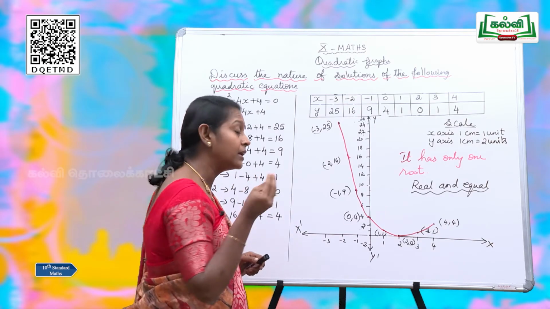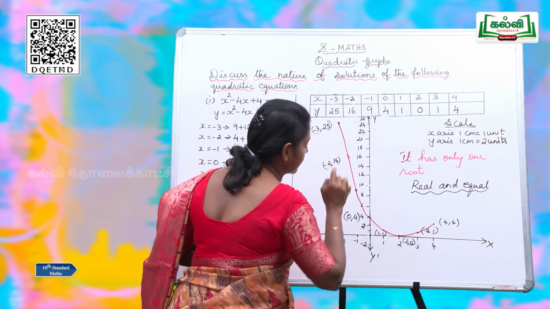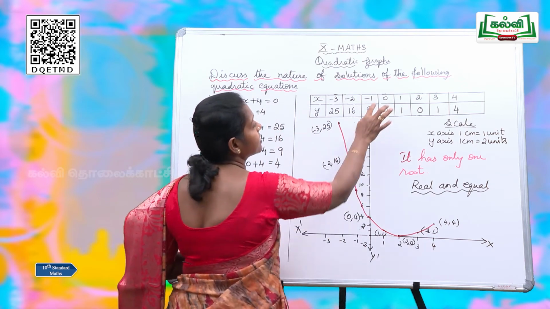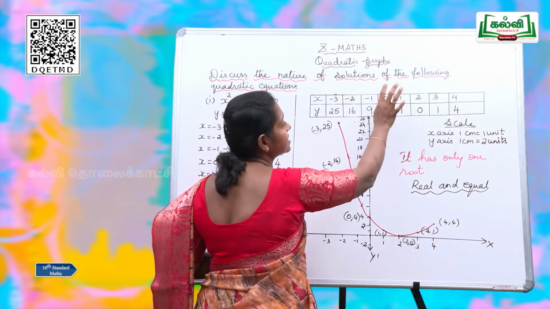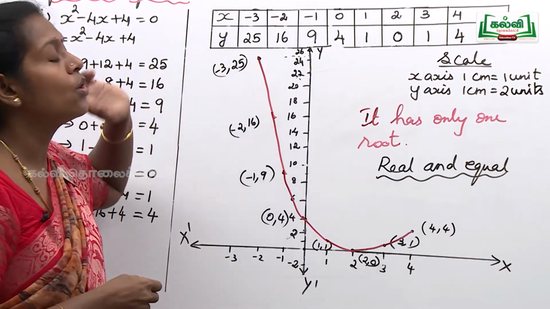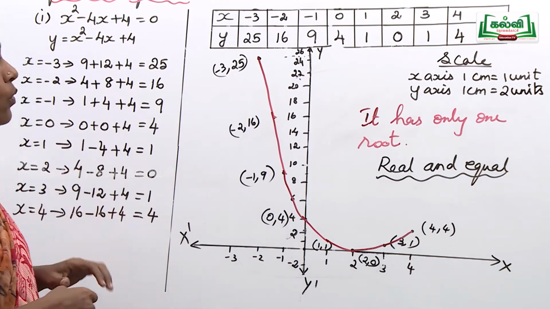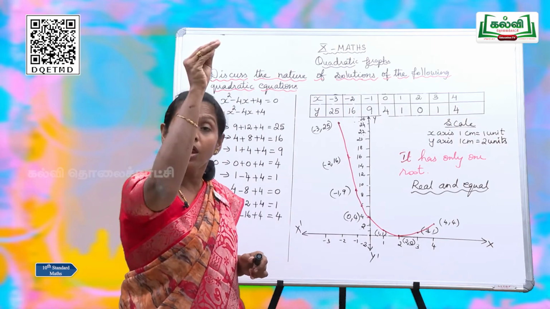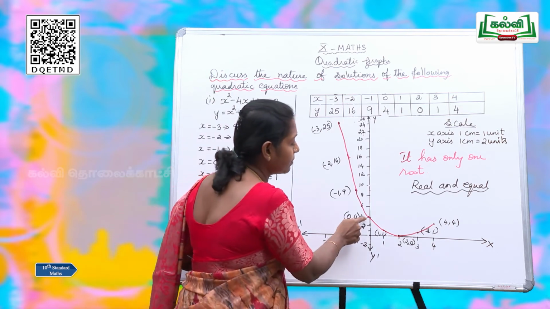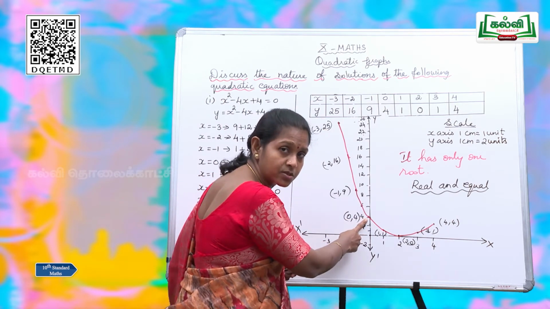It lies between 8 and 10. So, this is 9. Minus 1, 9. Next, 0 and 4. So, 0, 4 means x does not have any value. Y has only the value 4. That means 0, 4 will be marked along the y-axis. That's why I marked here. Can you see this? Very good.